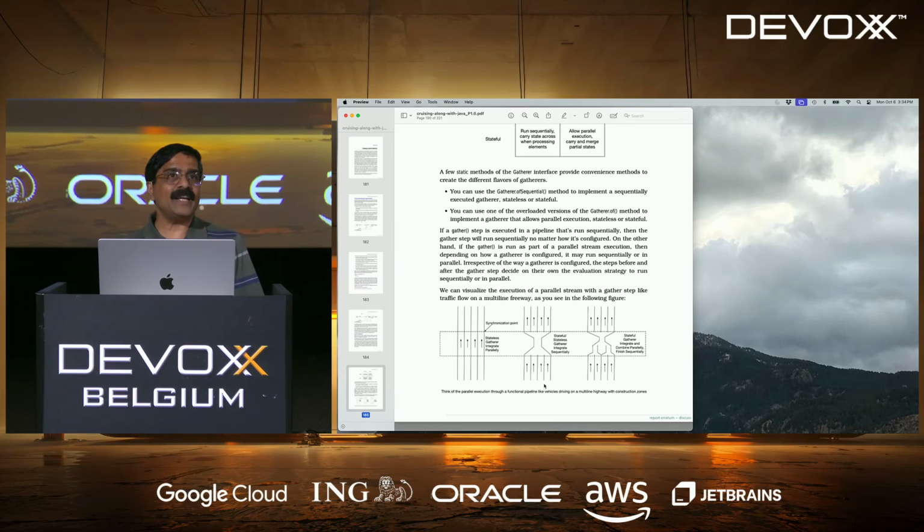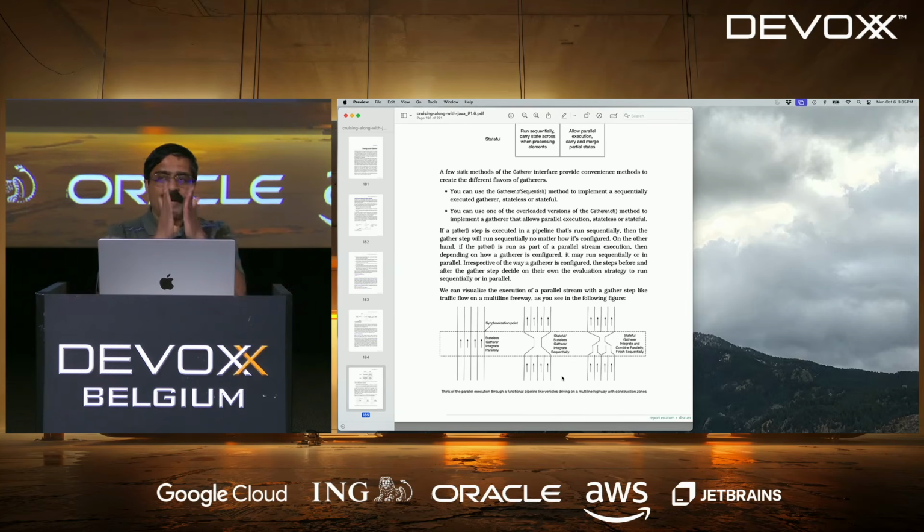That's exactly what the stage of sequential does. So you have a parallel stream, data is flowing, and the sequential says, stop. I just want 1 at a time to go through. And then once you finish the stage, it can be parallel again, depending on what those stages want you to do. So this is the way to think about how the data flows through a stream.